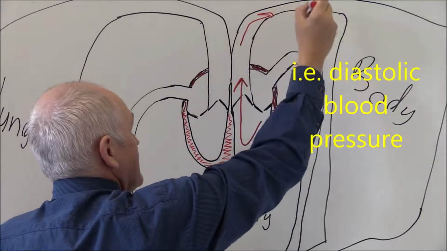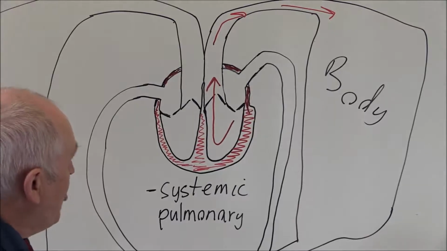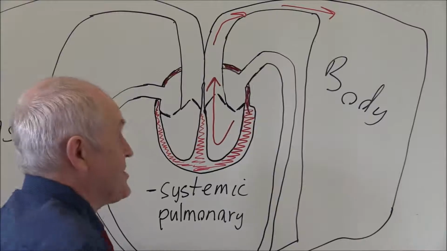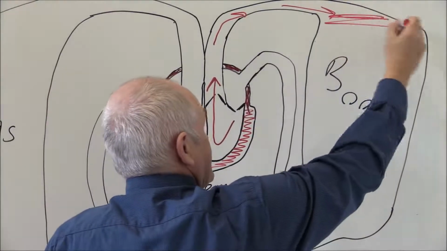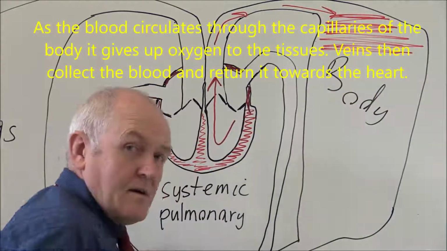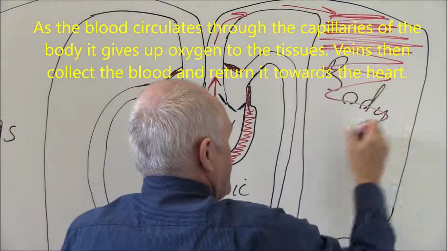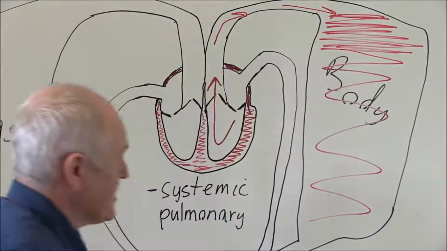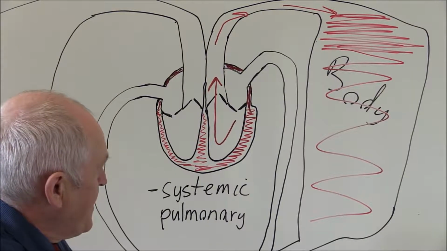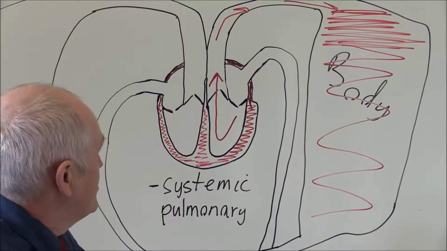So oxygenated blood is going to go into the systemic circulation to all parts of the body, and when it arrives in the tissues of the body, it's going to be highly oxygenated, therefore bright red. But as this blood goes through the tissues of the body, the percentages of oxygen in it are going to be reduced down to 70 to 80% saturations. And the blood is going to appear dark red because it's carrying less oxygen.